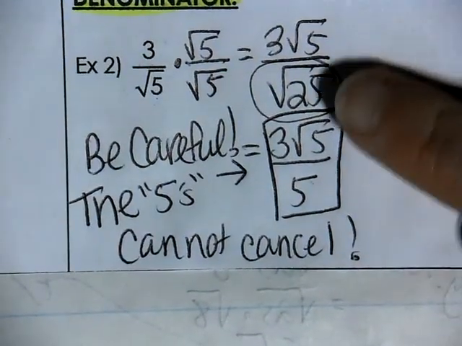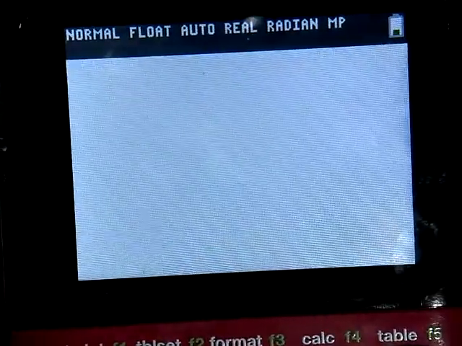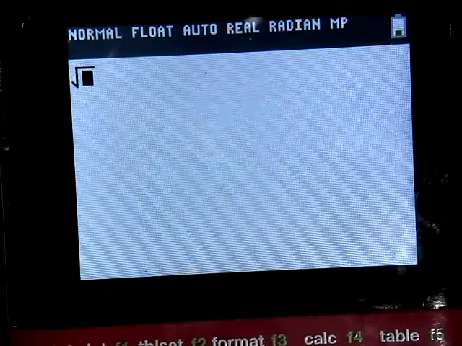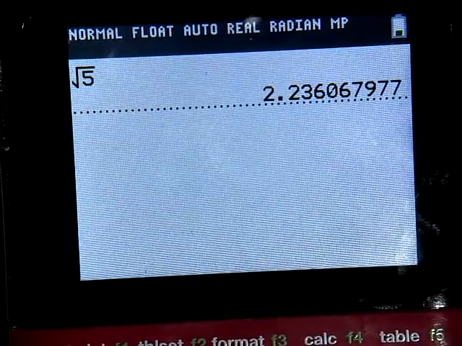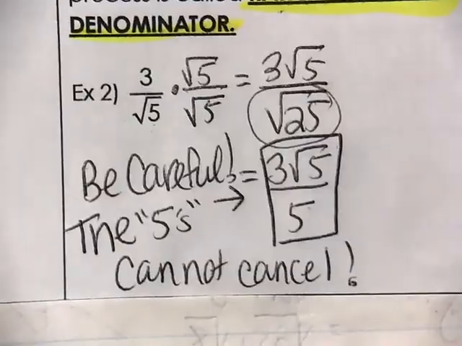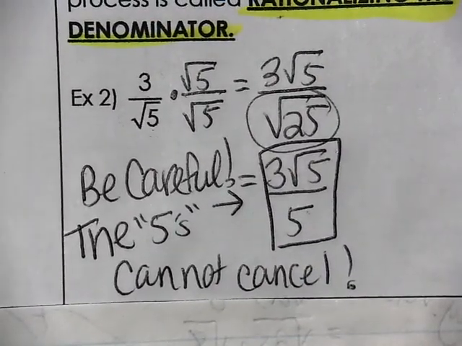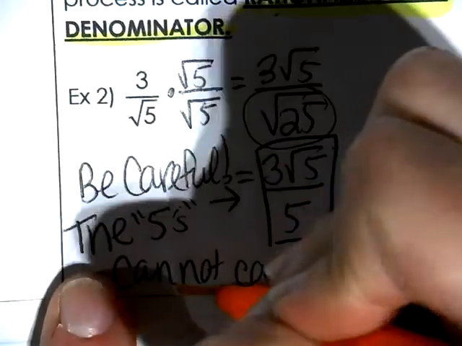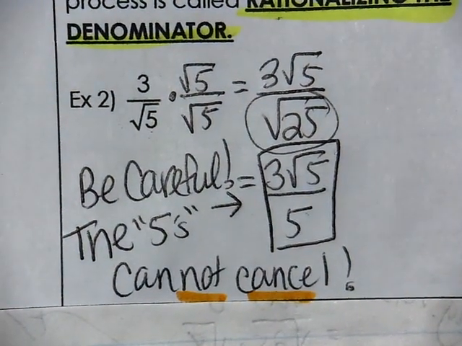They cannot cancel because they are completely different numbers. We know that the number 5 is the number 5. But what is the square root of 5? 2.236067977. Not 5. Because it is not the number 5, you cannot cancel these values. The 5s cannot cancel.